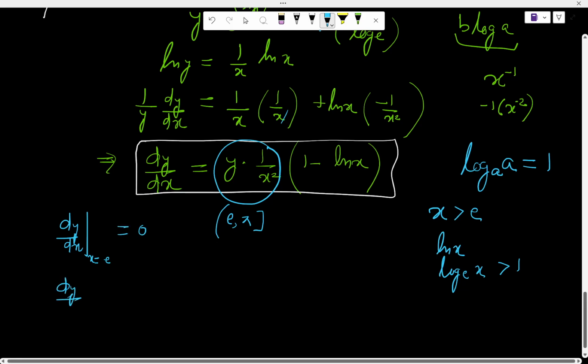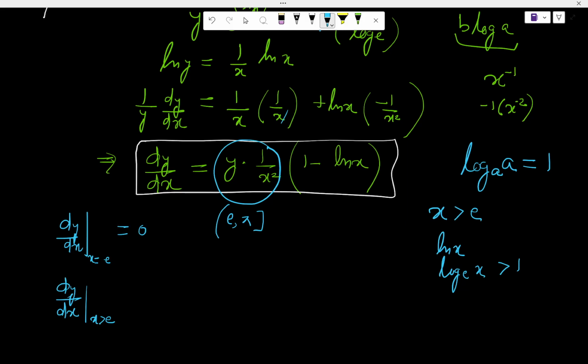Now, if I look at dy/dx, the slope of the curve at x more than e, this part will always be positive: x to the power 1 by x divided by x square. It will always be positive. But this part, 1 minus ln x, and ln x is more than 1, this becomes negative. So this is negative.